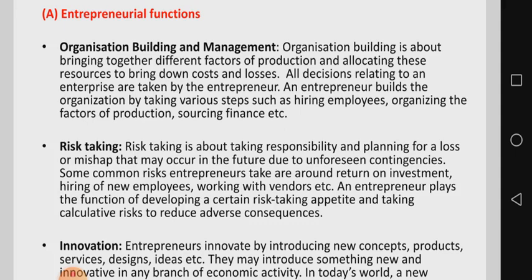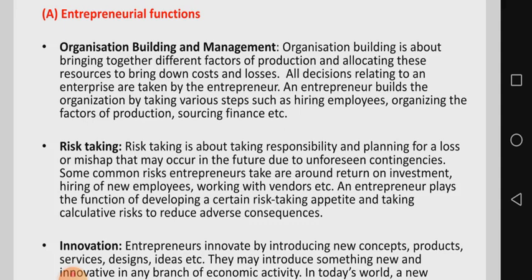The first is called organization building and management. So you can assume you are running a business, you are owning a business, or you want to become an entrepreneur. So what are the basic things that you will do to establish the entrepreneurship or to establish your business?